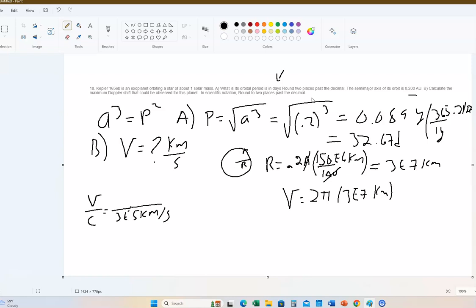Now we still have to divide by the period in seconds. We have the period up here in days, so we're going to convert it to seconds. Let me do the numerator first, times 2 pi.